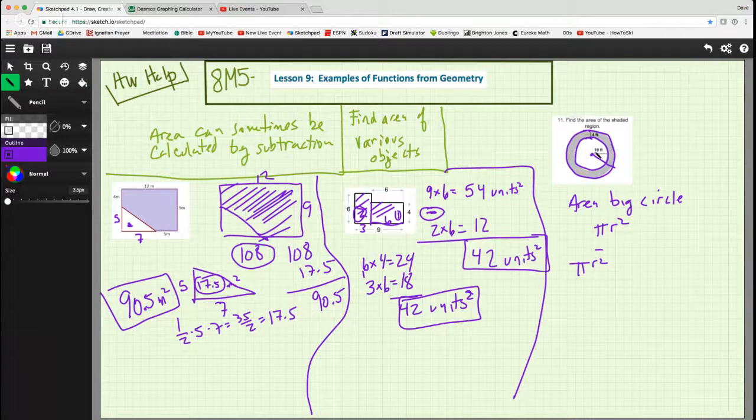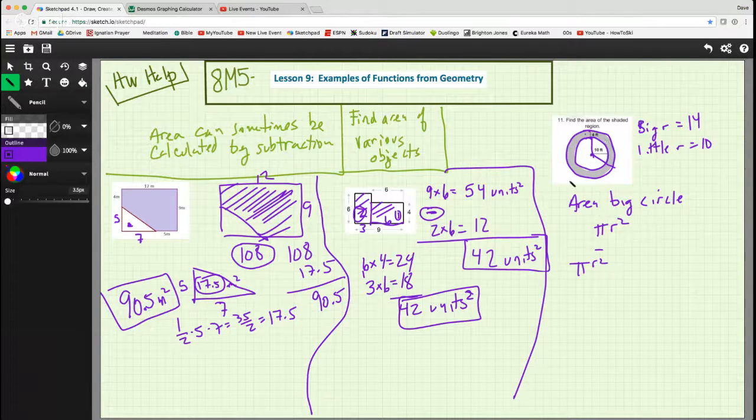Well, you know that if it's 10 from the middle of the little circle to the edge of the little circle, and then it's another 4 to the outside, you have a radius. The big radius is 14. And the little radius, they tell you, is 10.